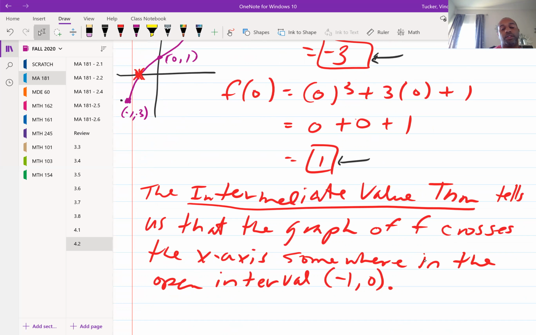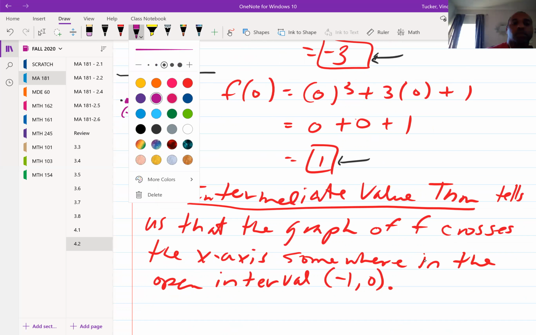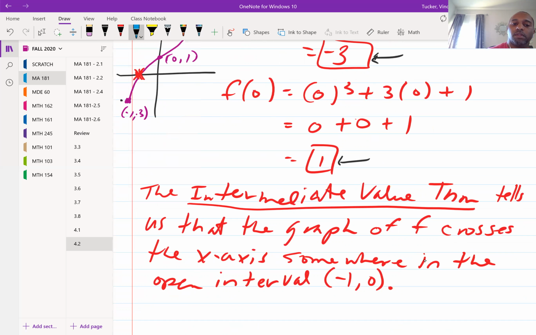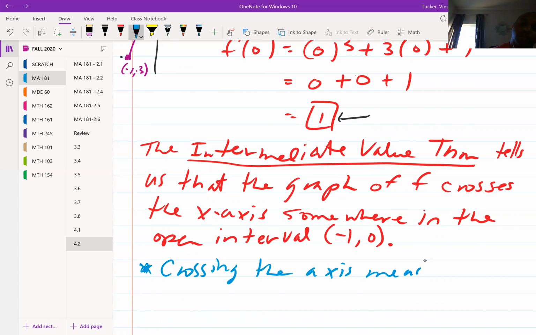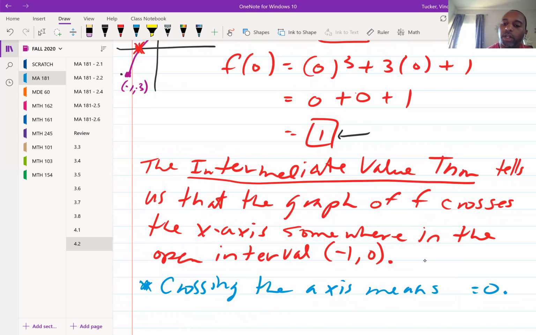In other words, that would be a solution. Oh, not x equal to 0, sorry, y equal to 0.